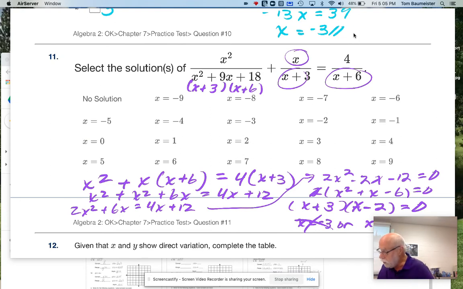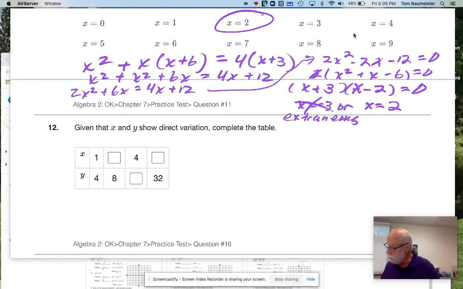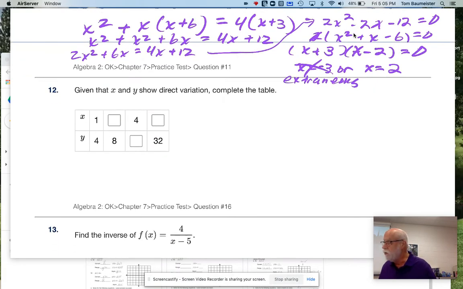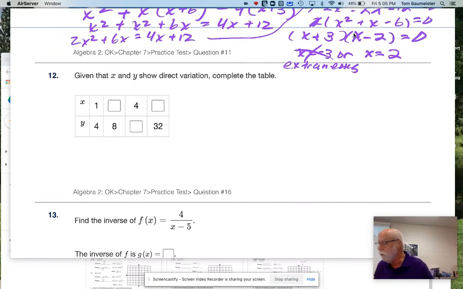The other one I will tell you will work. So this one here was extraneous. So the only answer you can have is x is equal to 2. All right, I'm giving you a lot of problems there, but you still can do this. All right. Number 12. I'm almost done here, people.